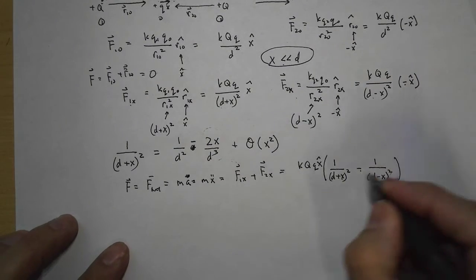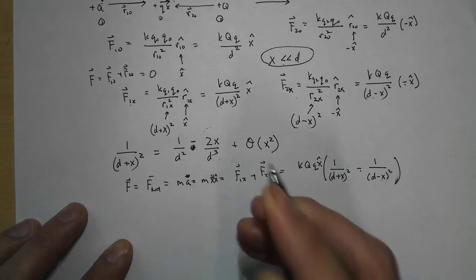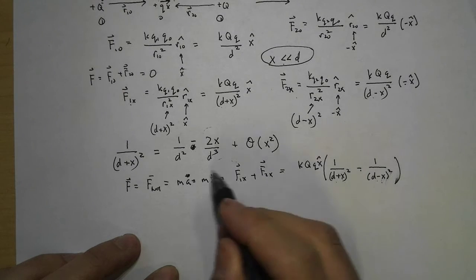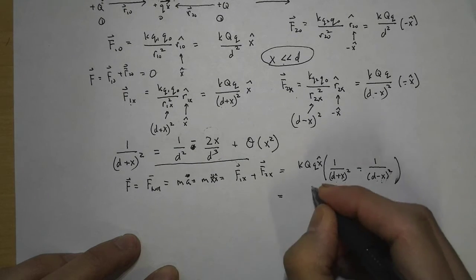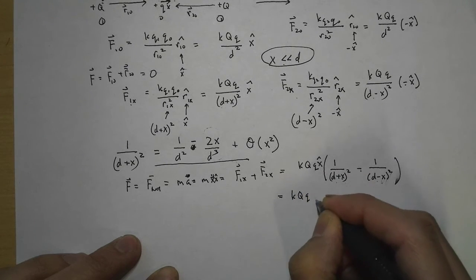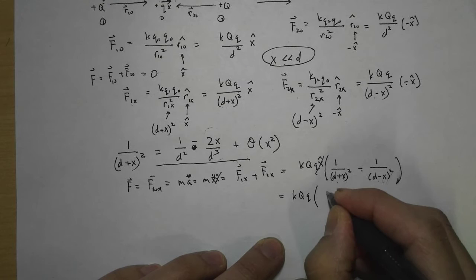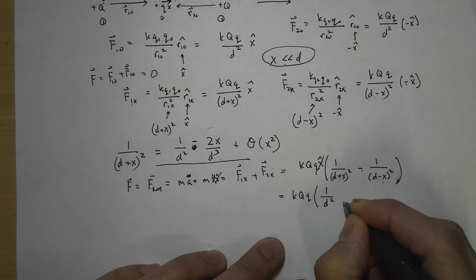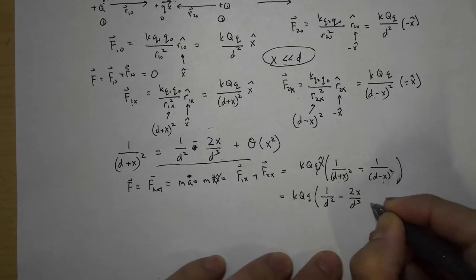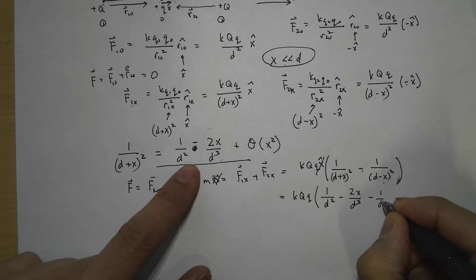Now if I want to do this right as a vector, I could rewrite this as an x hat, just to make things a little clearer. Now we're going to use our little Taylor expansion trick right here. Plug that in: k, capital Q, little q. We'll drop the x hats for now. This becomes 1 over d squared minus 2x over d cubed, minus this one, which is 1 over d squared.